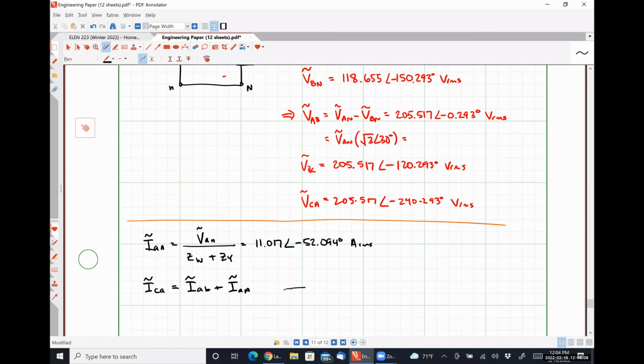A little bit of rearranging is going to give us IAA, which we just determined, is equal to ICA minus IAB, which is the same as IAB multiplied by a factor of 1 angle negative 240 degrees minus 1 angle 0 degrees.